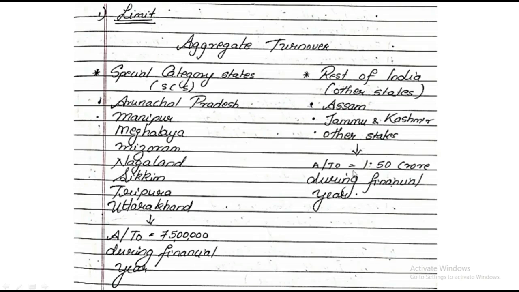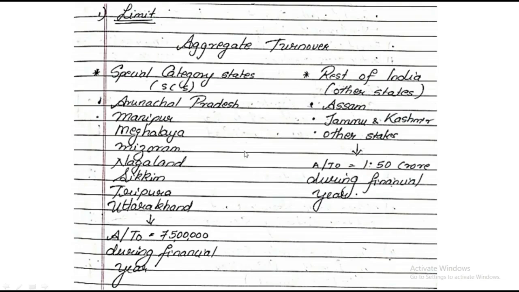So these are the only two rules you have to remember to solve any sum based on composition levy. If the person is from a special category state, the limit is 75 lakh. That's the threshold limit. If you're from any other state, your limit is 1.5 crore. Only two rules to remember: 75 lakhs for special category, and 1.5 crores for the rest of India. That's number one, the limit.